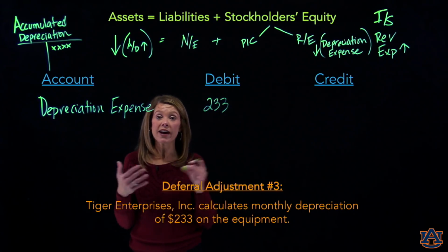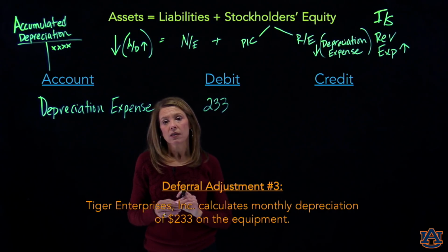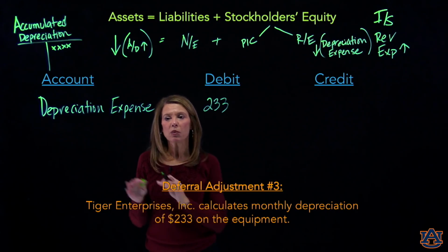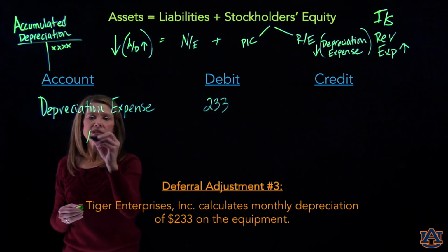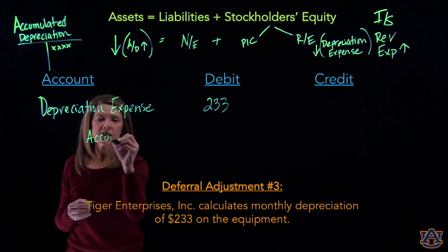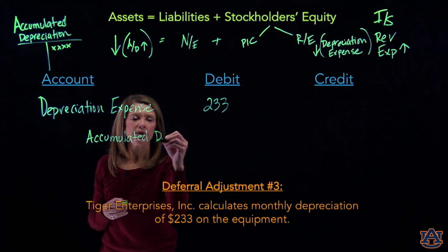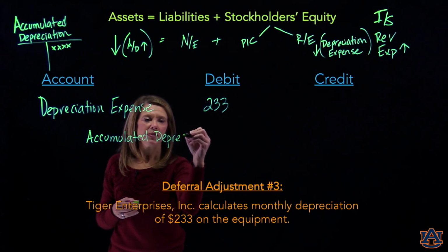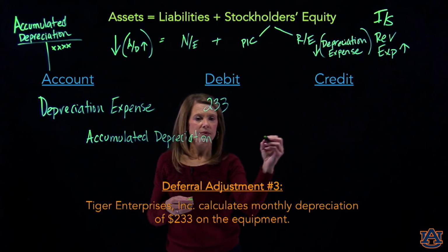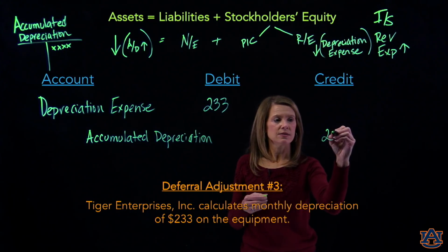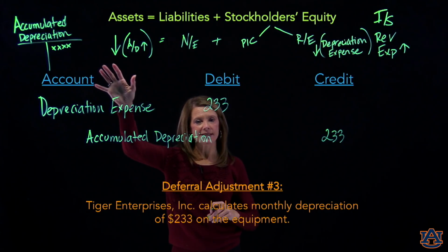Essentially what this says is we've estimated we used up $233 of those long-lived assets. And we want to get this expense in the proper accounting period. The credit is going to be to accumulated depreciation. Accumulated depreciation has a normal credit balance because it is contrary to assets. So when we credit this account, it has the effect and impact of bringing our asset group down.